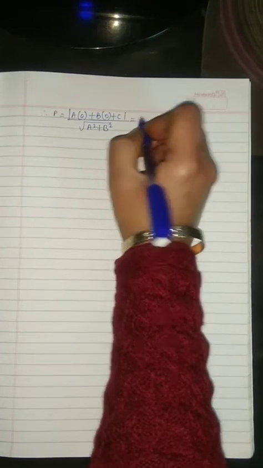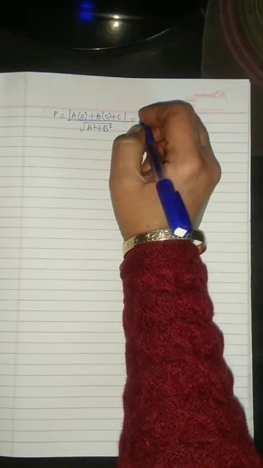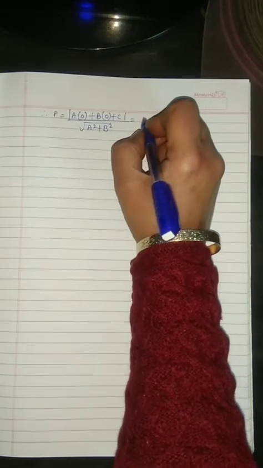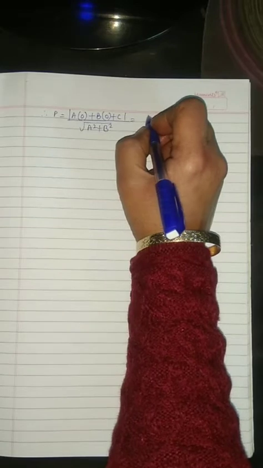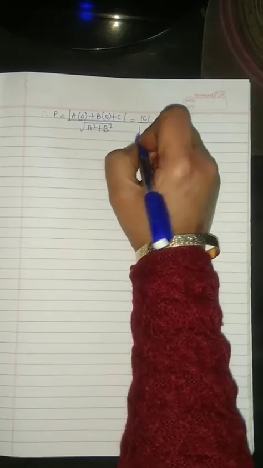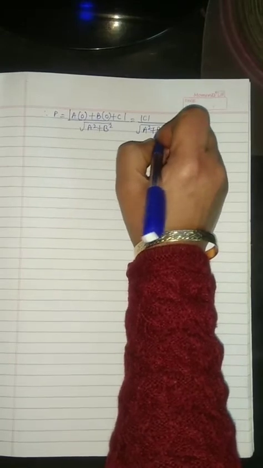Now here a is cos theta and b is minus sin theta. So we will have only c here, c upon under root a square plus b square.